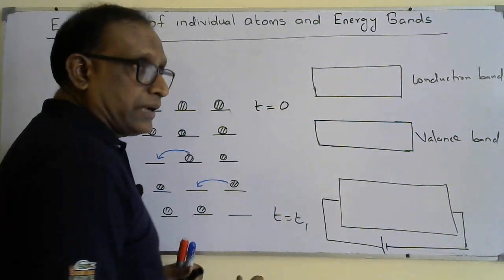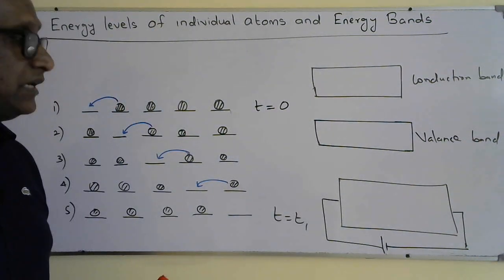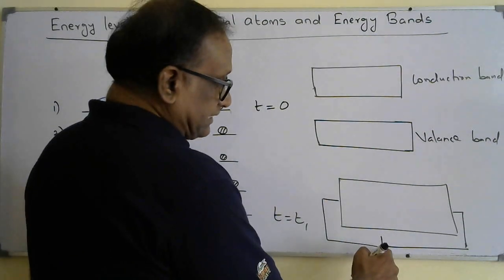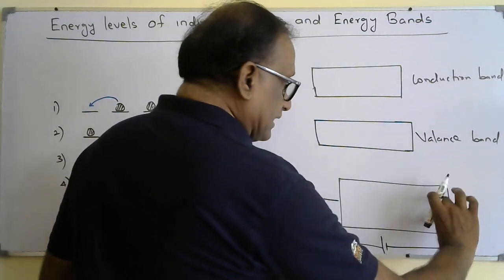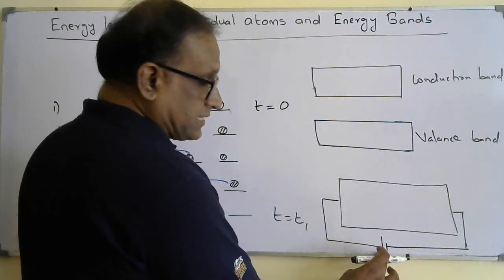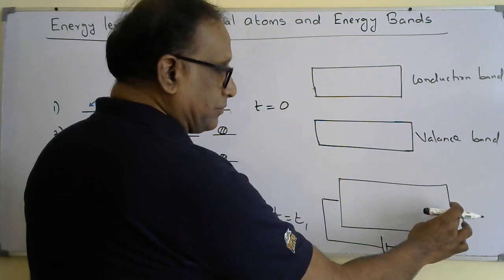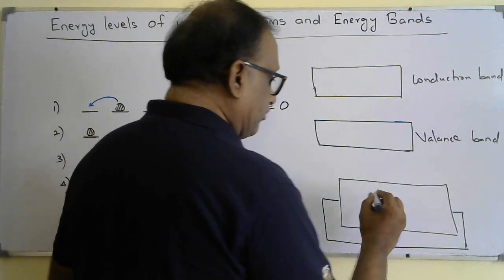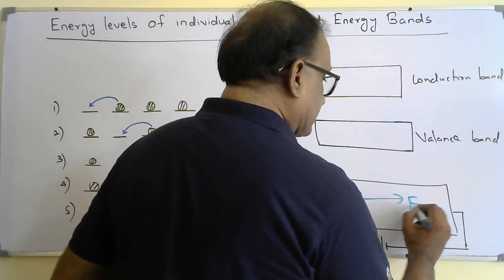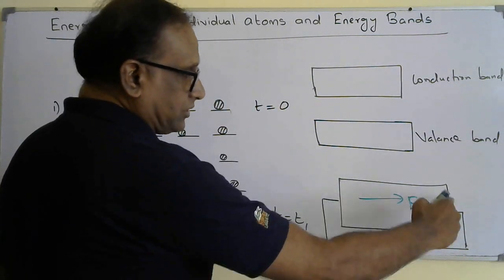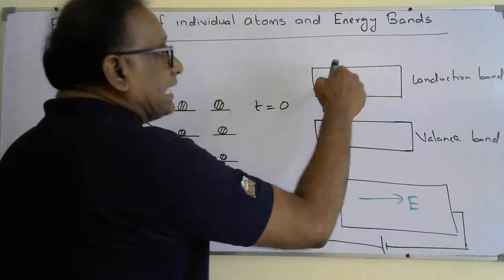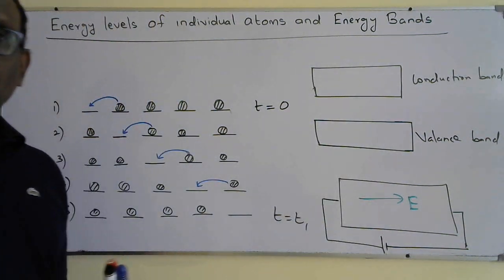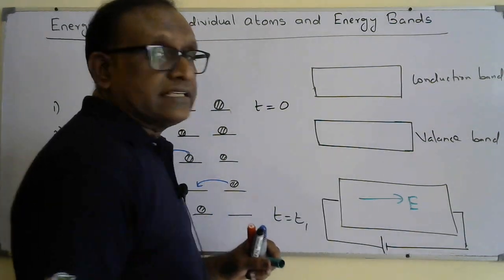electrons in the conduction band will move. Which direction will they move? The electric field will be created inside the semiconductor. This is the positive terminal, this is the negative terminal, which means the direction of the electric field inside the material will be towards right. This is the direction of the electric field from positive to negative. So the electrons in the conduction band will move opposite to the direction of field lines.